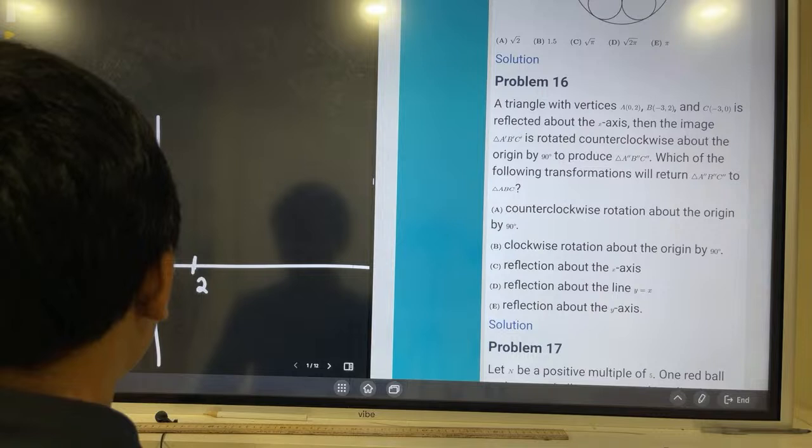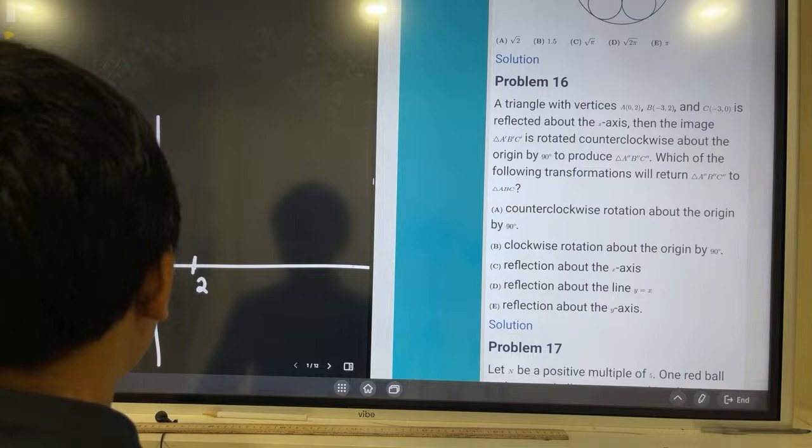So 1, 1, 1, okay. Segments AE and AF intersect BD. This is just a coordinate bashing problem.